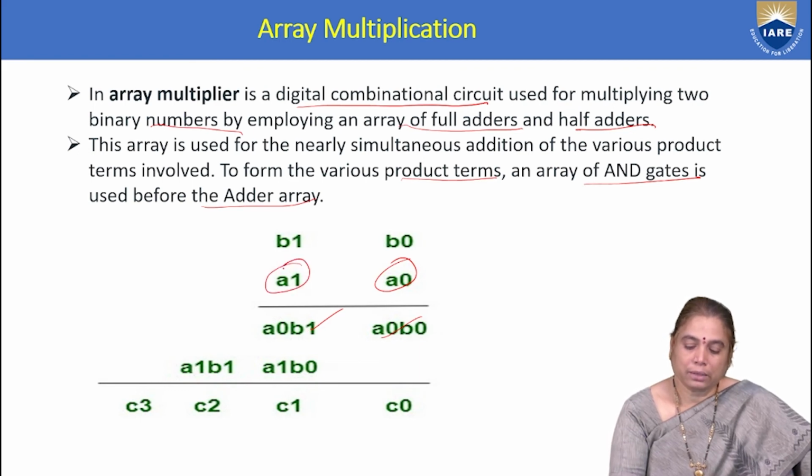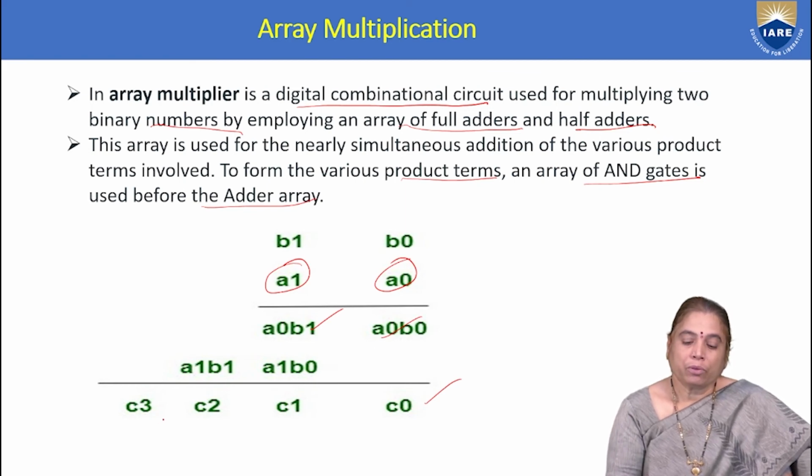Considering the next bit, the terms written in the partial product are A1 B0 and A1 B1. Next, the addition operation can be implemented. The final product terms are C0, C1, C2 and C3. So we can use the digital combinational circuit for performing the multiplication.